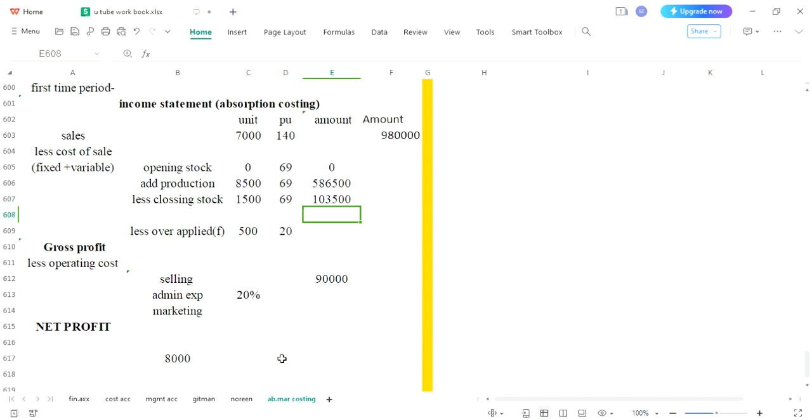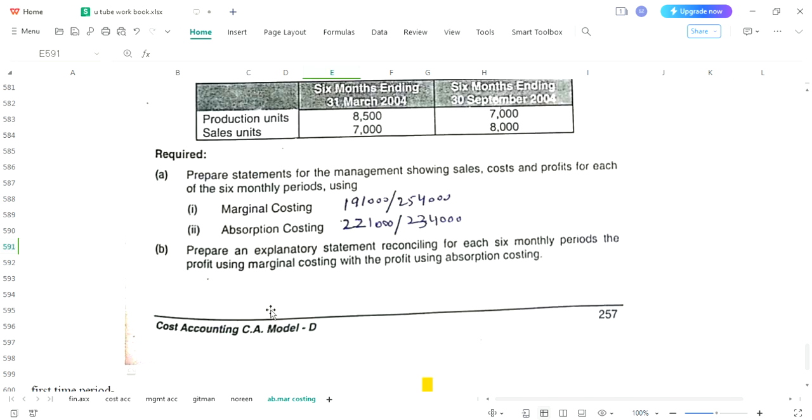And we have got closing stock as well. Next is over-applied production. Units are 500 and its per unit is 20. So we have over-applied production as well. Now 20% of sale is said in our question for administrative expenses.